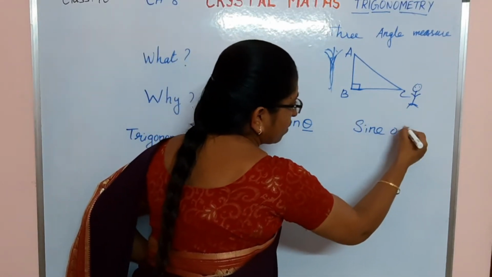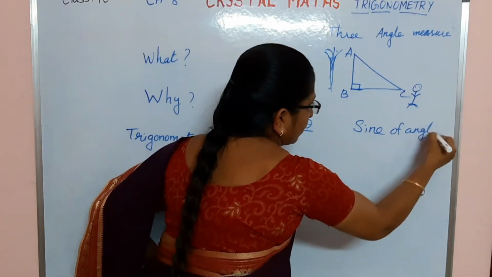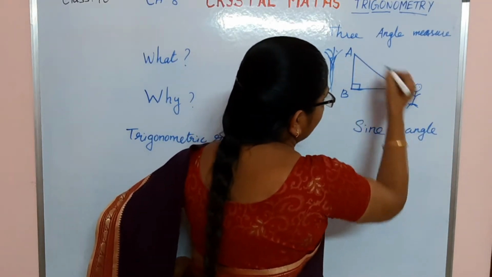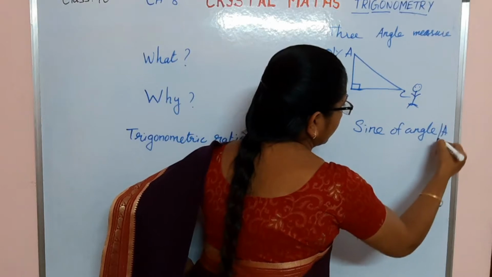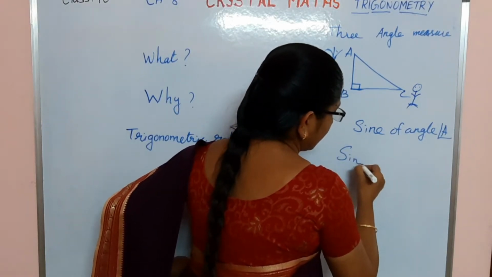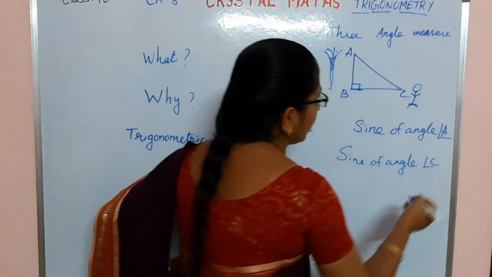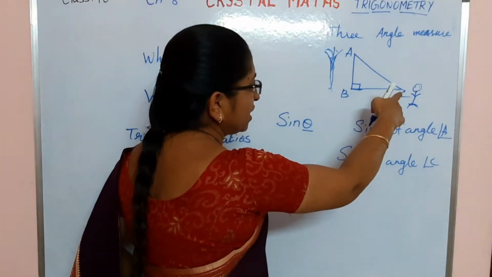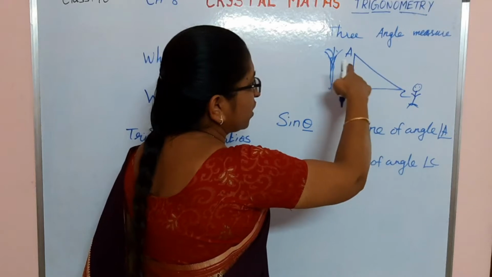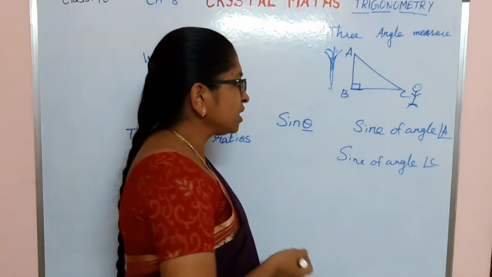Sine of angle A, sine of angle A or angle C, we can say that one. That is what I said, respective to the angle as well as the ratio between the sides.